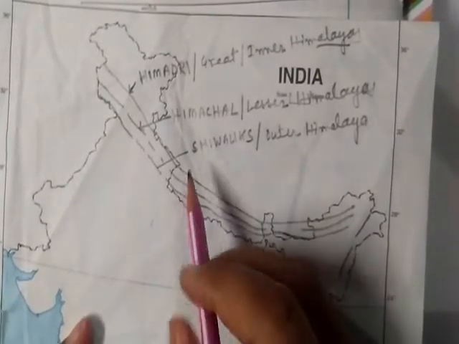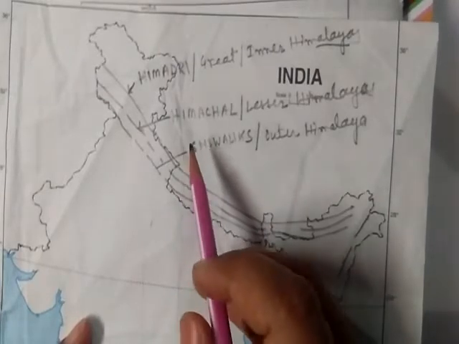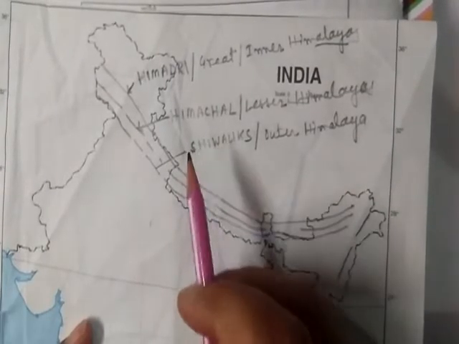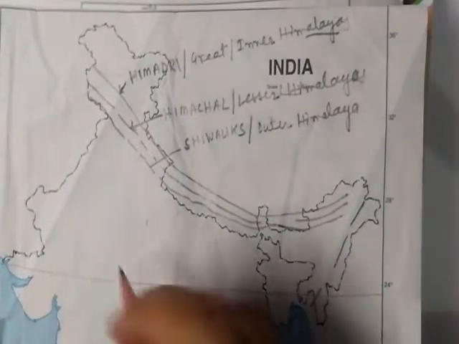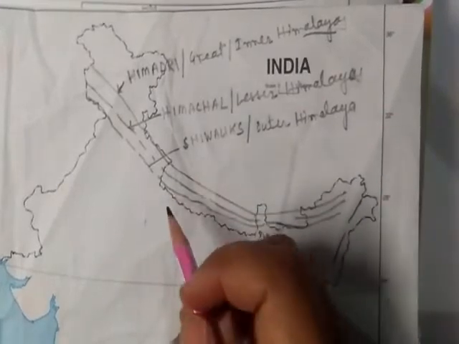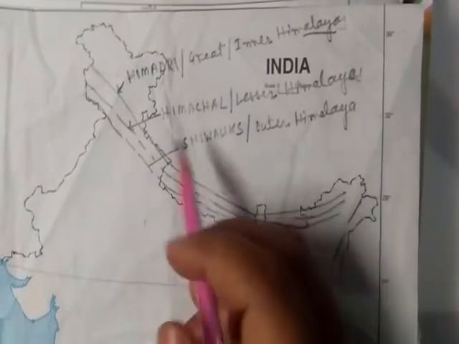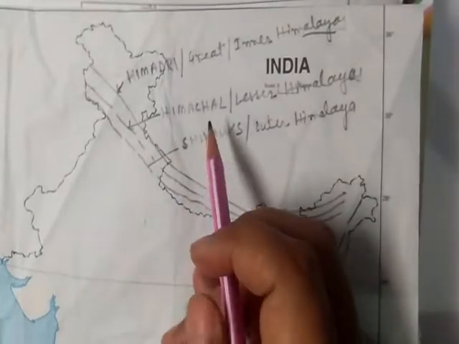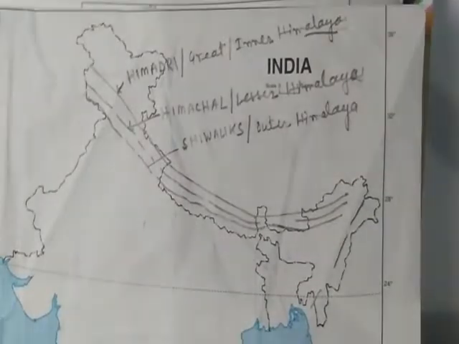So Himadri is the most continuous range of the Himalayas, and it contains prominent Himalayan peaks like Mount Everest. The core of this part of the Himalayas is composed of granite, and it is permanently snow covered, and a number of glaciers descend from this range.